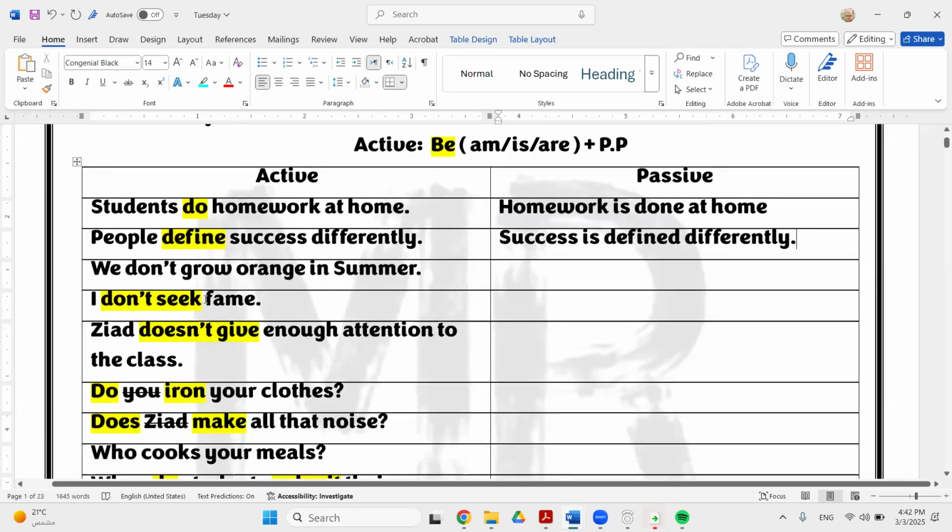طيب يوسف محمد. We don't grow orange in summer. خلي بالك الverb هنا negative. يوسف محمد.